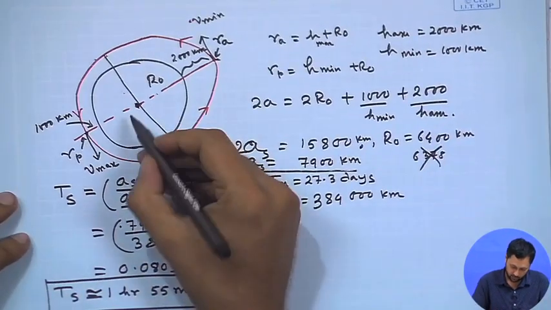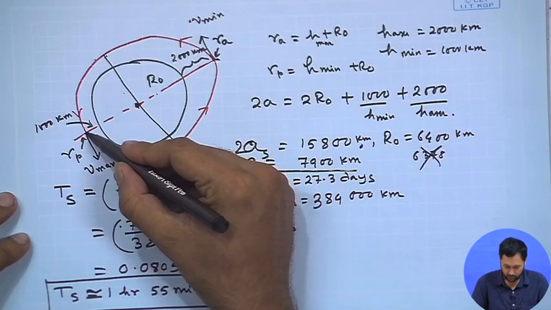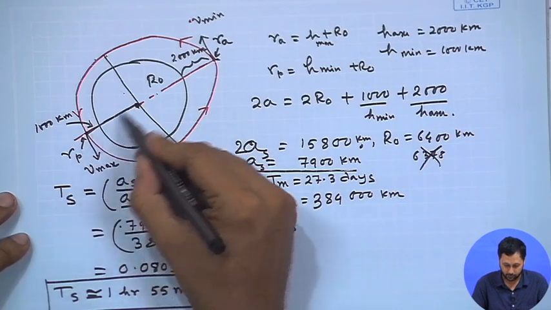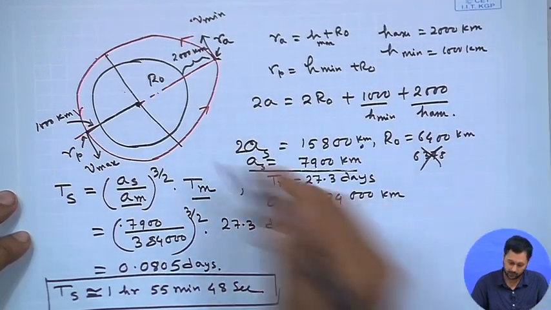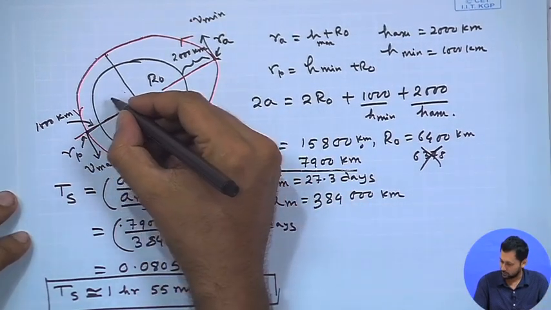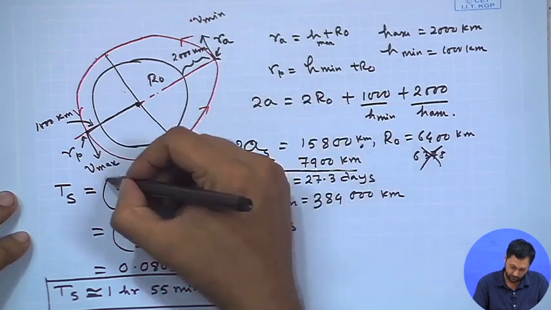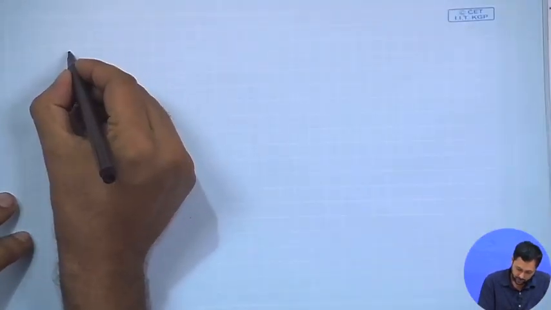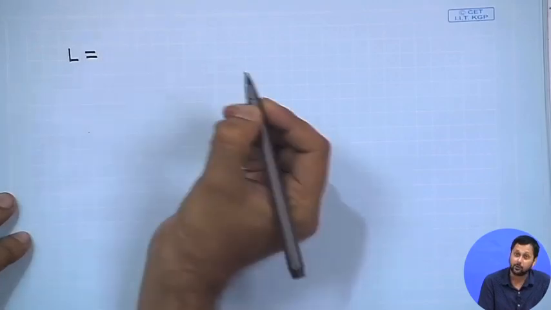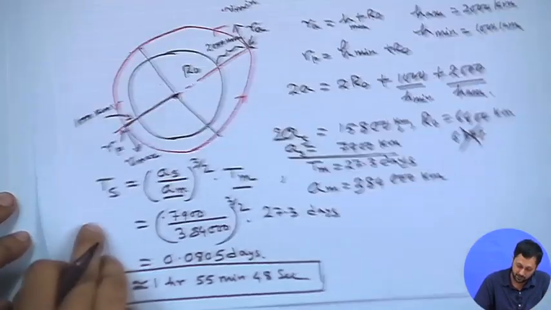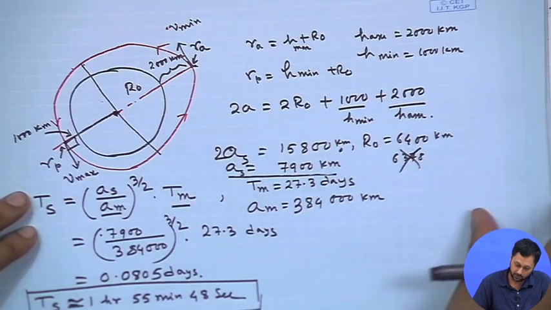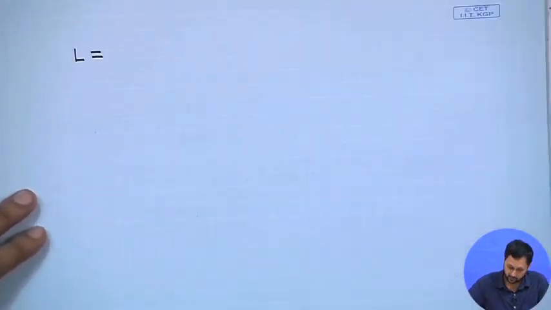Please recall, let us look at this situation. The distance we know, this is the perigee distance, which for this case we just calculated as 6,627 kilometers, and V max is given. So, we can calculate L, the angular momentum, from this information, because at perigee the angle is 90 degrees. What is the expression of L at this perigee?